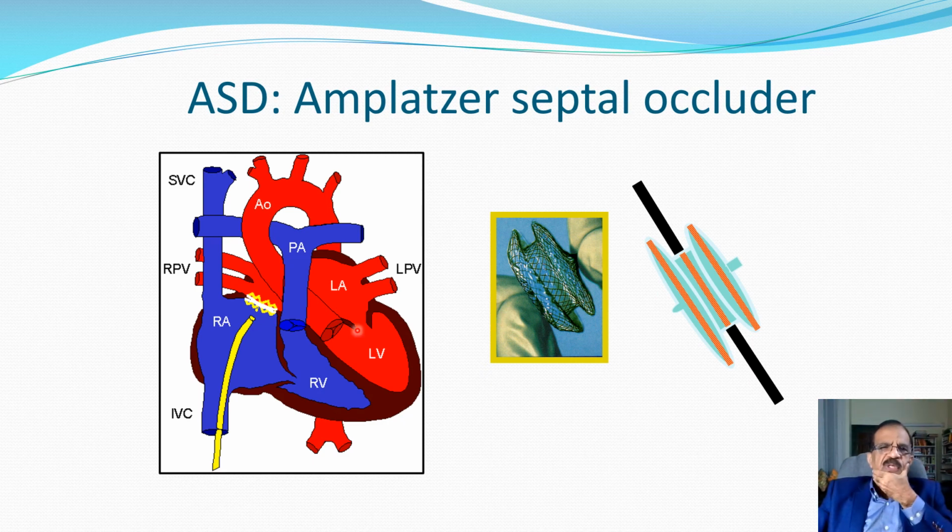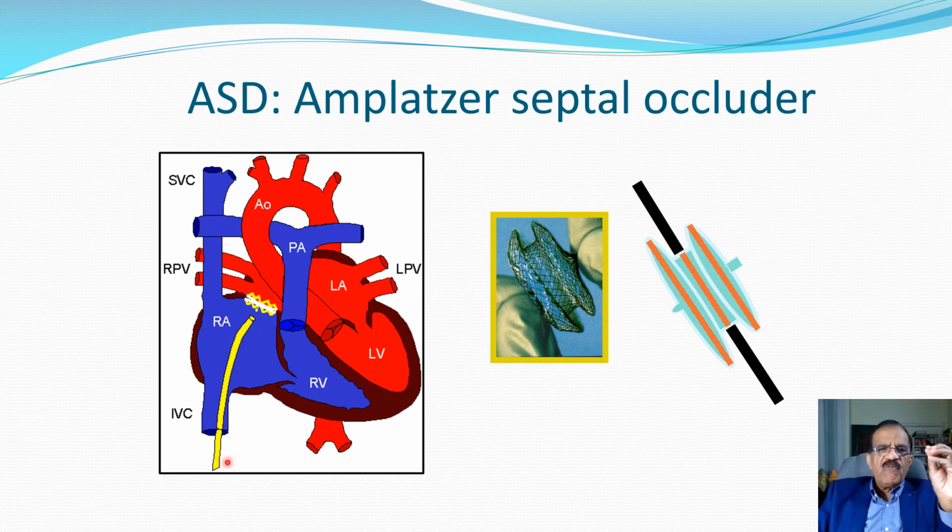Now this is the picture. Suppose this is the defect. The child would be considered a suitable candidate if it is the secundum type of defect, so that on both sides of the septum there is some septum where this device can be deployed. Now this is the shape of the occluder.